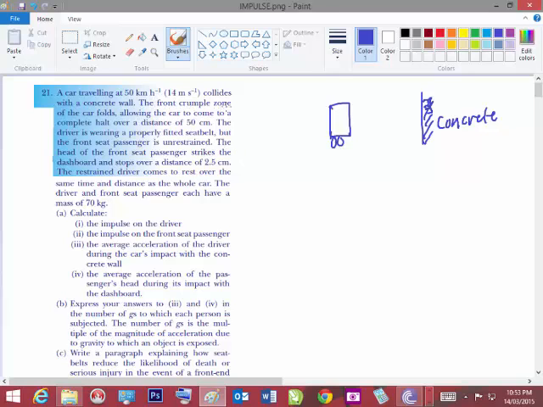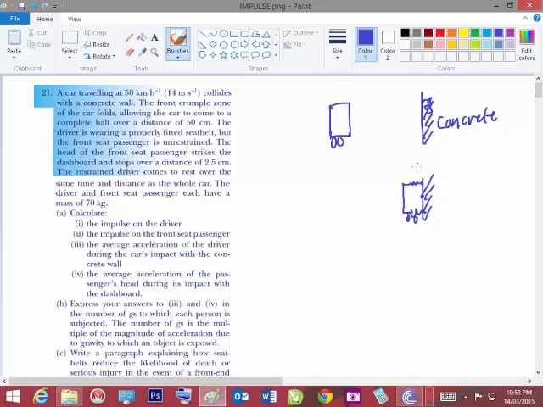The front crumple zone of the car folds, allowing the car to come to a complete halt over a distance of 50 centimeters. Sorry, 50 centimeters, not meters. As it hits the wall, the car will crumple.